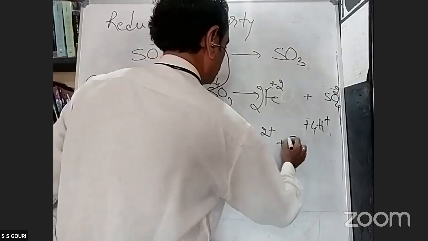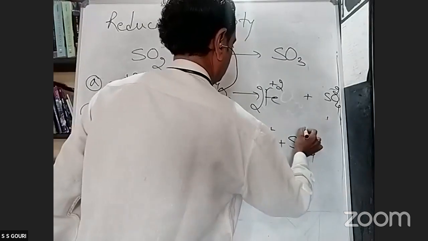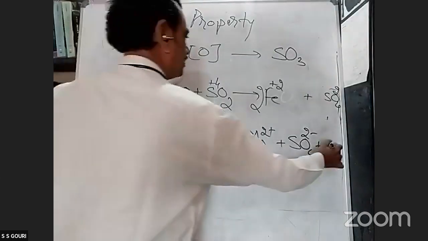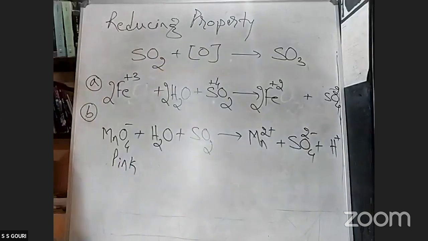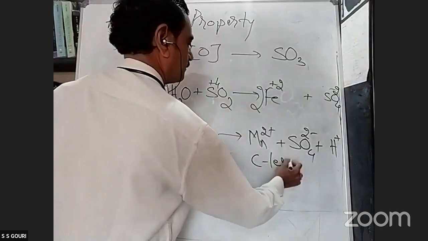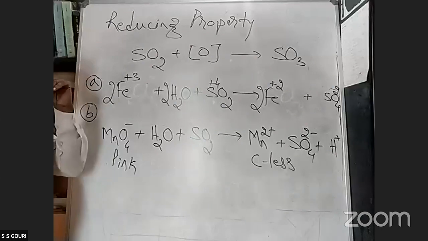Plus SO2 is converted into SO4 minus 2, plus H plus ion. MnO4 minus ಪಿಂಕ್ ಕಲರ್ ಇದ್ದದ್ದು ಕಲರ್ಲೆಸ್ ಆಗಿಬಿಡುತ್ತೆ. This can be shown, ಮಾಡ್ಬೋದು ಇದನ್ನ.